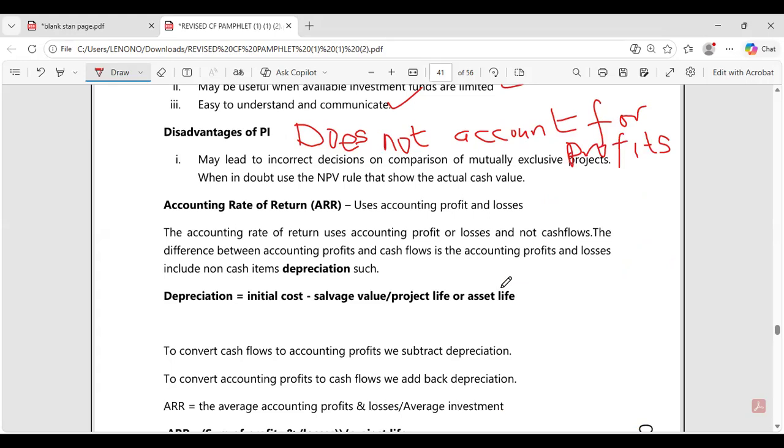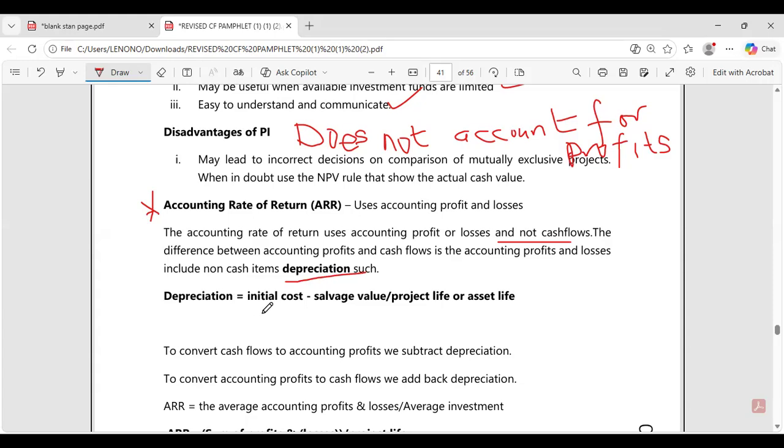All right, now we look at the last one, which is the accounting rate of return. It uses accounting profits or losses, not cash flows. The difference is that accounting profits include non-cash depreciation.